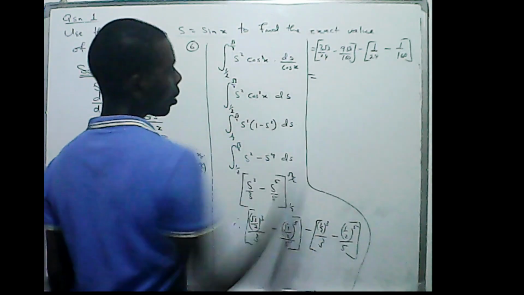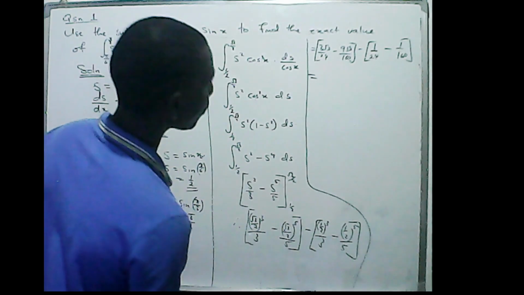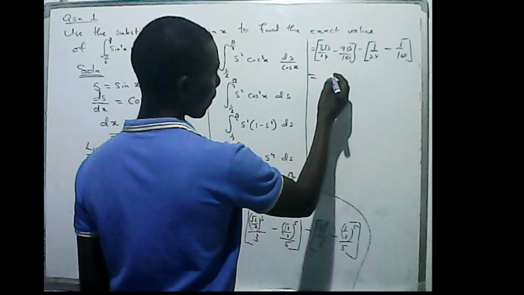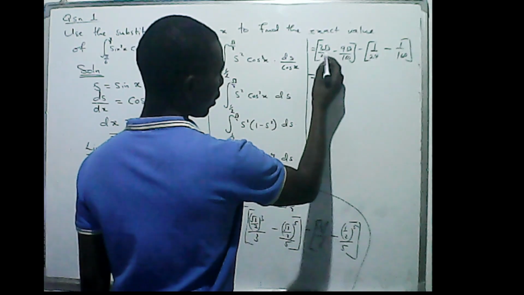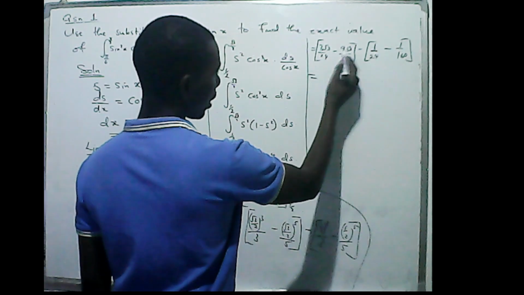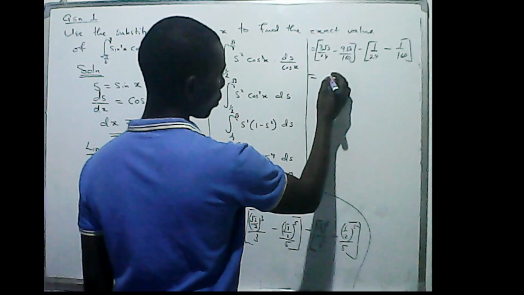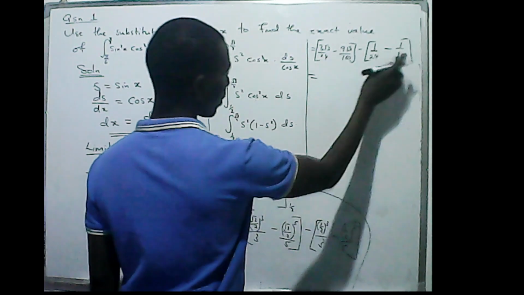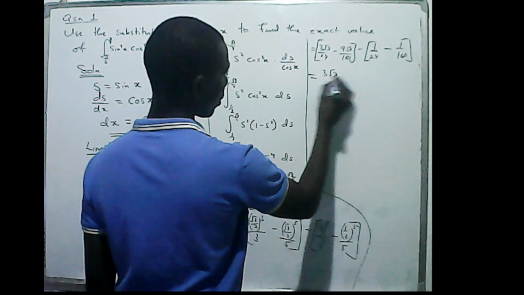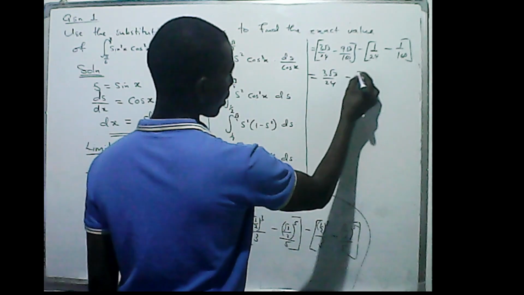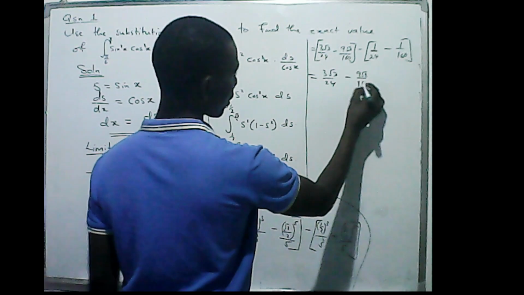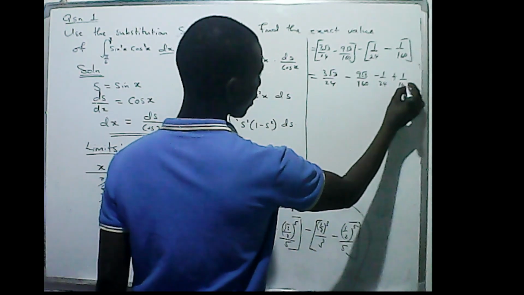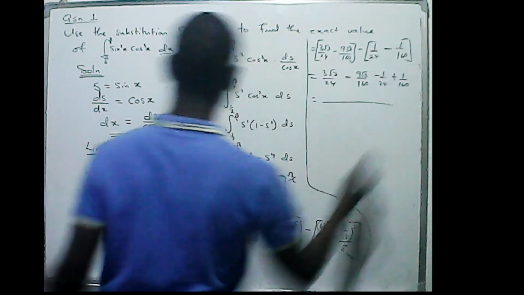Let me simplify this one. Let me expand the brackets first: 3 root 3 over 24 minus 9 root 3 over 160 minus 1 over 24 plus 1 over 160. Then we have our common denominator here.